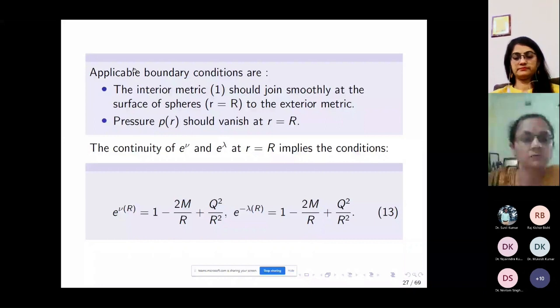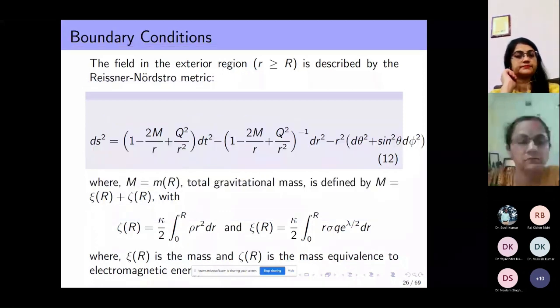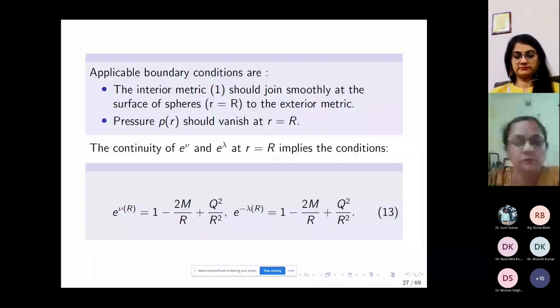When we compare metric 12 with equation 1 at small r equal to capital R, we get e raised to power nu of r equal to 1 minus 2m by capital R plus q squared over R squared, and e raised to power minus lambda of r equal to 1 minus 2m by R plus q squared over R squared, where q is the total charge within the star.